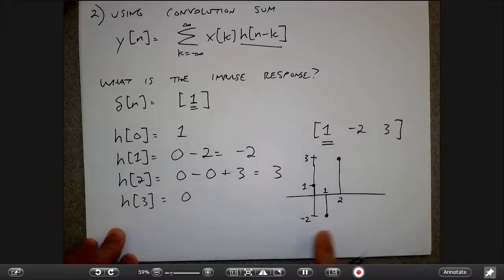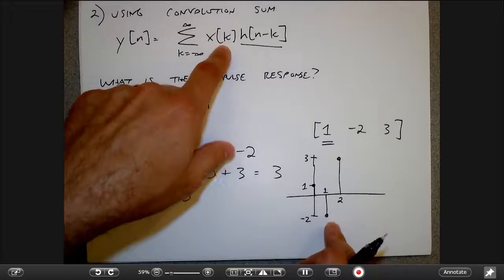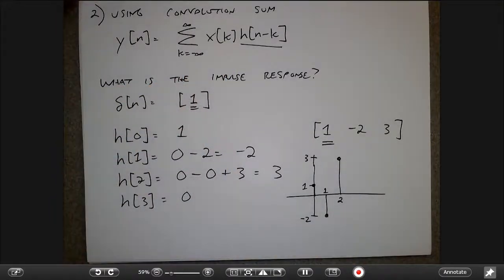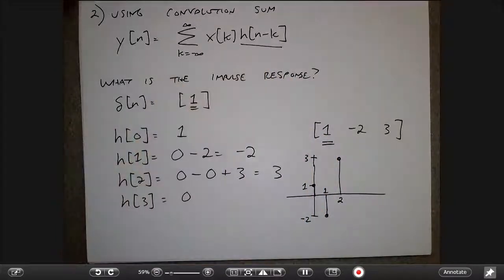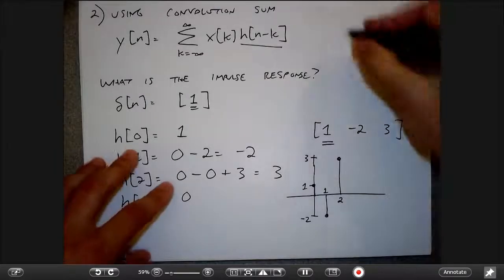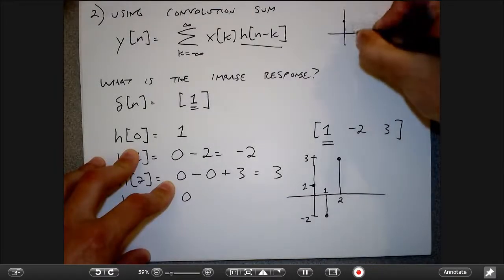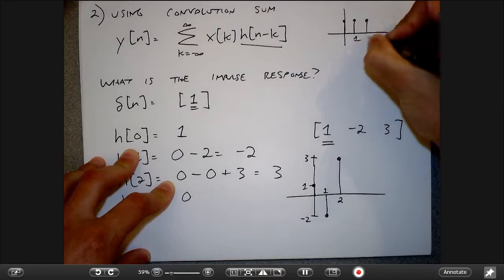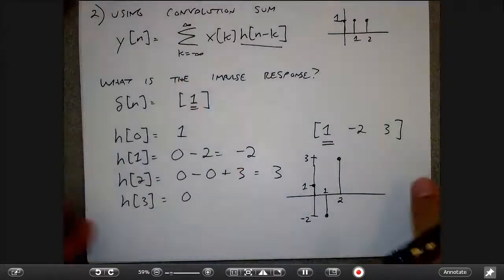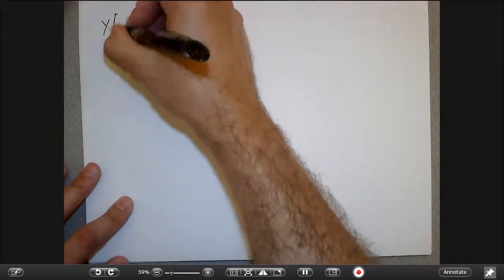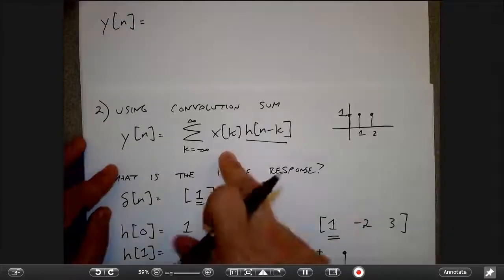Okay, so now let's look at what this convolution sum means, okay? Well, in this case, I have 3 values of x that are non-zero at positions 0, 1, and 2, right? Just a reminder, my original x looks like this, right? And so let's write out what this sum actually means.